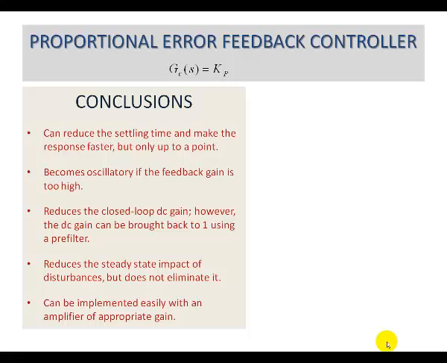The other trend that we have seen is that the DC gain of the closed loop system is lowered when we use the feedback controller. And this can be compensated by putting a pre-filter with an appropriate gain that raises it back up.